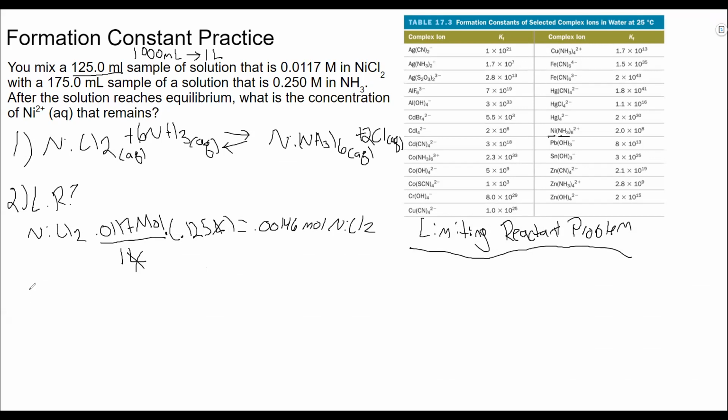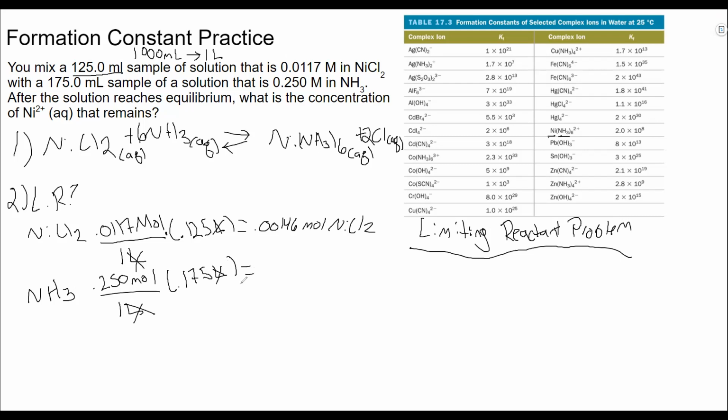All right, NH3. Let's do the same thing for NH3. Okay, so I have 0.250 moles for every 1 liter of NH3, and I have 0.175 liters of NH3. I'm doing the same type of math I did before.